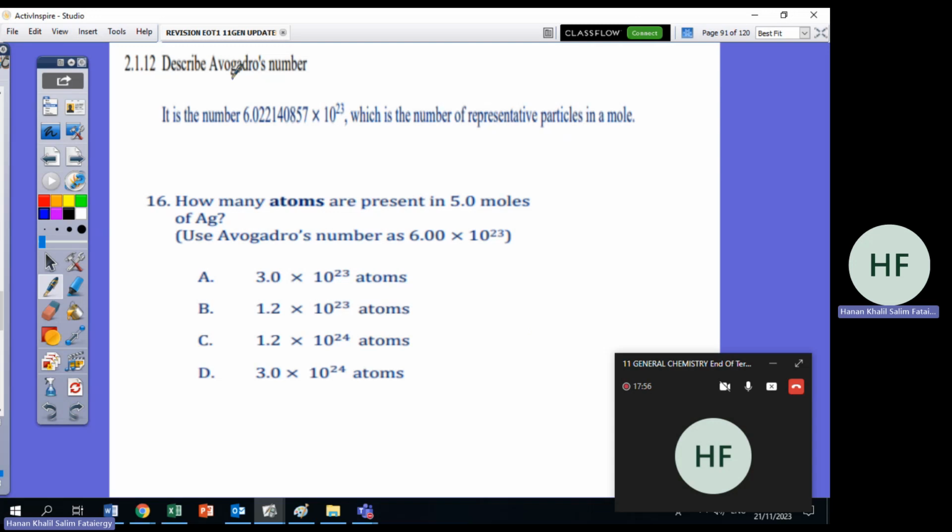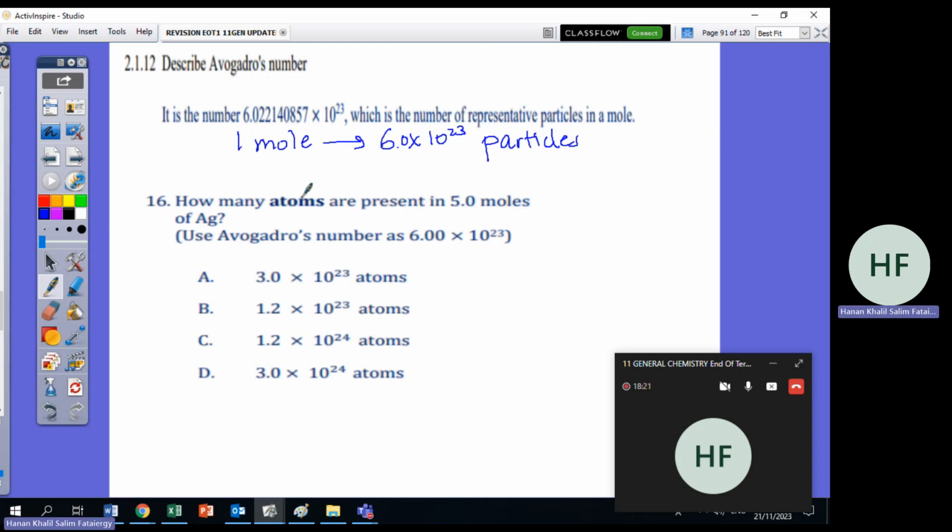This number is called Avogadro's number. So Avogadro's number here is 6 times 10 power 23. What does it mean? It means every 1 mole has 6.0 times 10 power 23 particles. And we said the particles can be atoms, molecules, whatever.